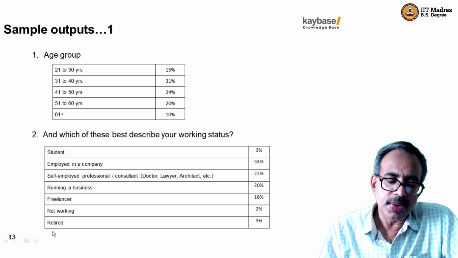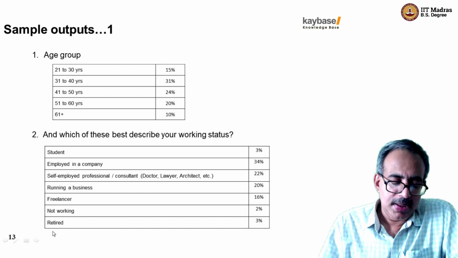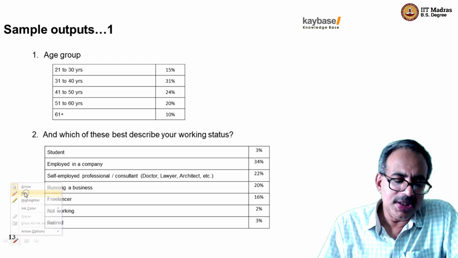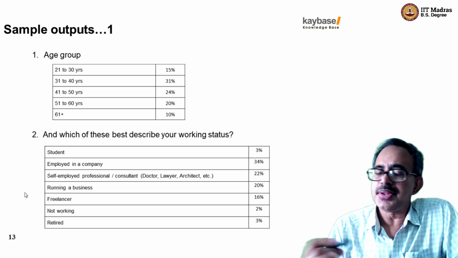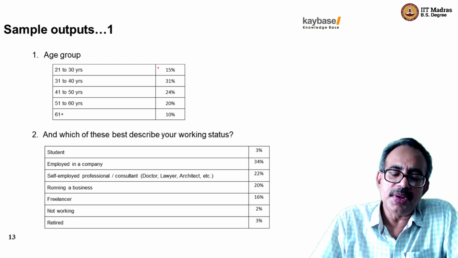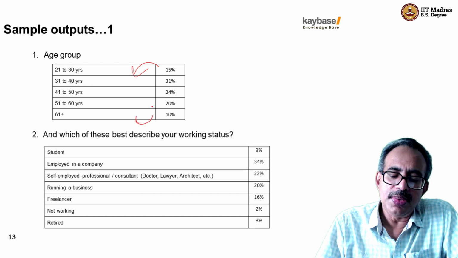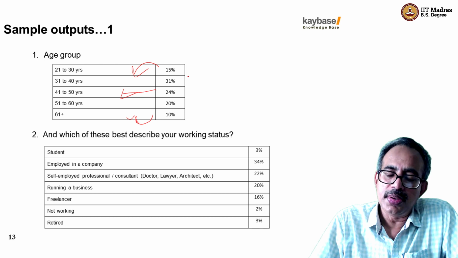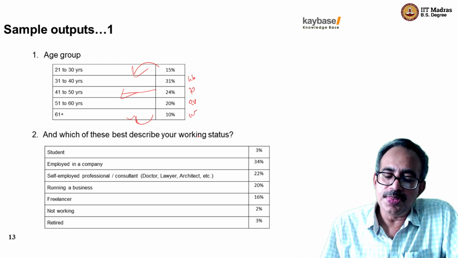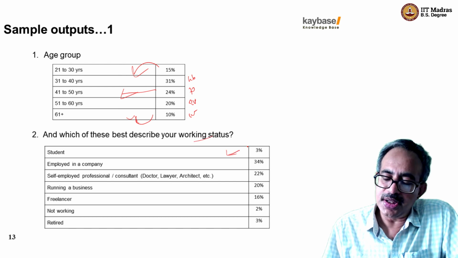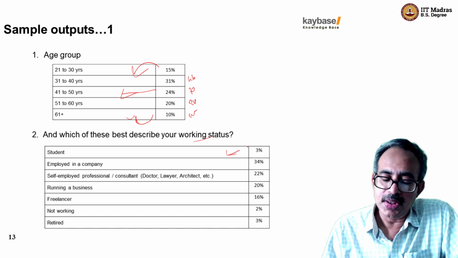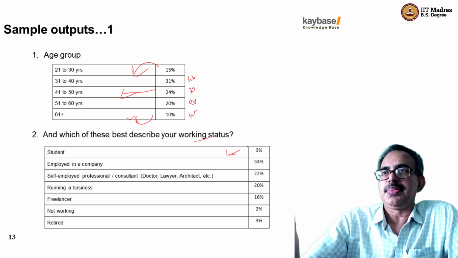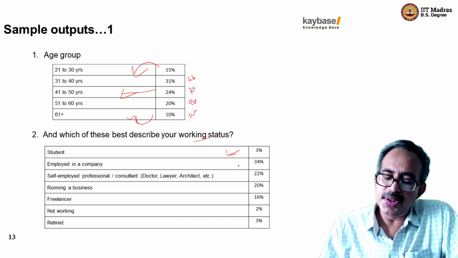There's a sample output, yes. Okay, so we have already seen this in various kinds of studies. What is the age group description? 15% belongs here, 10% belongs here, 24% belongs here. Is the total 100? Yes, 100. Which of these best describes the working status? 3% of the sample are students, which means 3% of the customers are students. 34% are employed in a company, 22% are self-employed.